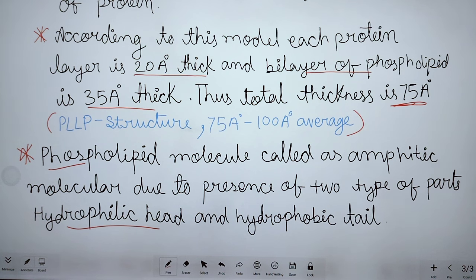Okay, so I hope you understand this point. Now move to our next point.